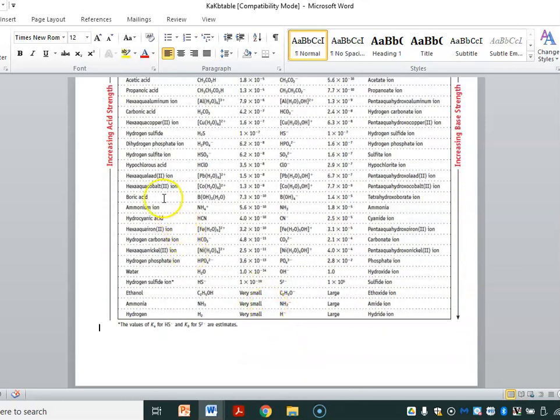And they're just the complement. So we saw ammonium over here, 5.6 times 10 to the negative 10th. Ammonia, 1.8 times 10 to the negative 5th. Your acids and conjugate acid base pairs, the acid will always have one more proton than its conjugate base, or the base will always have one less proton than its conjugate acid.